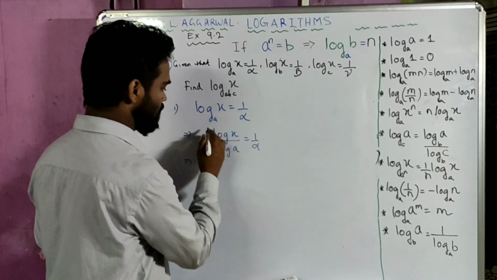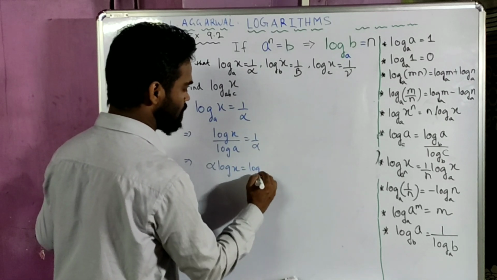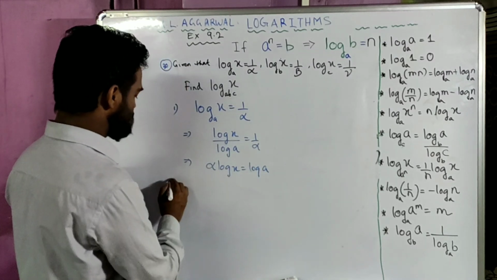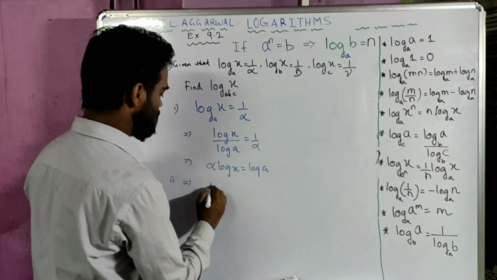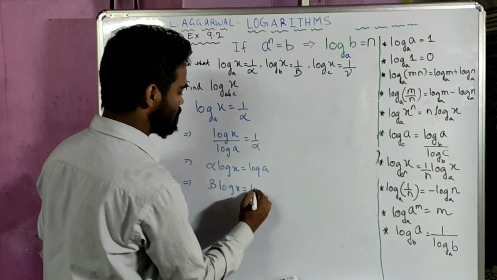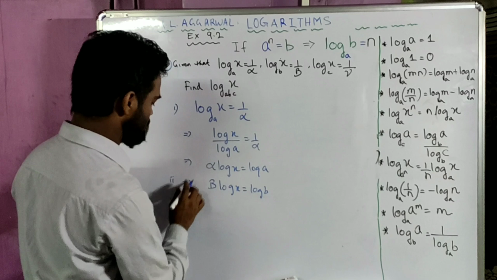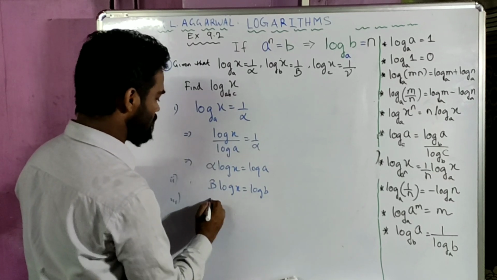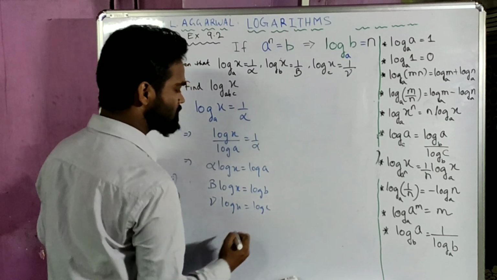So alpha comes over here, alpha log x equals log a. Similarly for this I can write beta log x equals log b. Similarly for this I can write gamma log x equals log c.